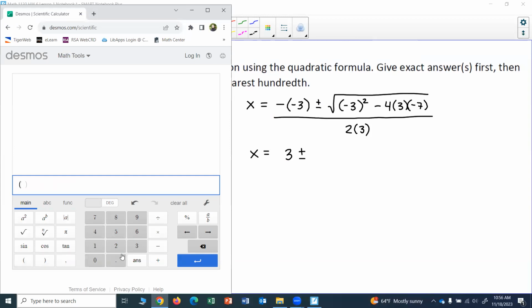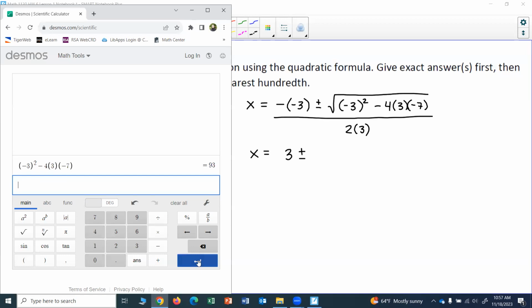So I'll have parentheses negative 3, close the parentheses and square that, minus 4 parentheses 3, close the parentheses, parentheses negative 7, close the parentheses. So I have negative 3 quantity squared minus 4 times 3 times negative 7.